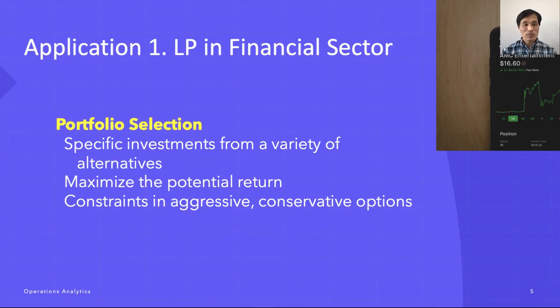Let us first talk about linear programming in the financial sector. A problem frequently encountered by managers of banks, mutual funds, investment services, and insurance companies is the selection of a specific investment from among a wide variety of alternatives.